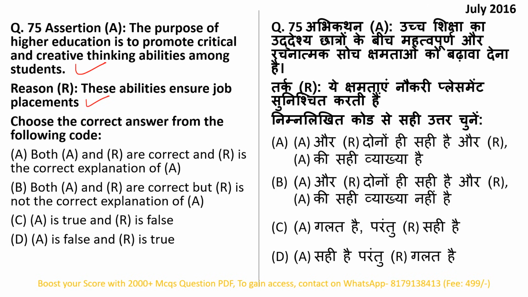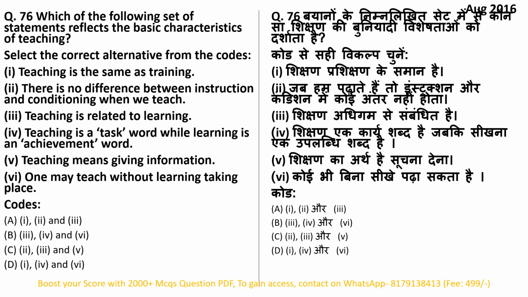But the reason is not the correct explanation of assertion. B is the right answer. Going to higher education, the main motive is not only to ensure a job, it is to make a person have better thinking abilities.